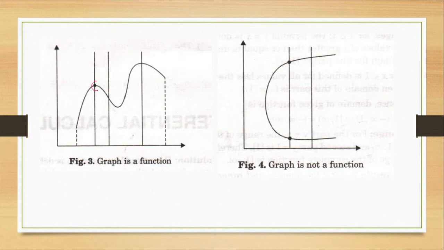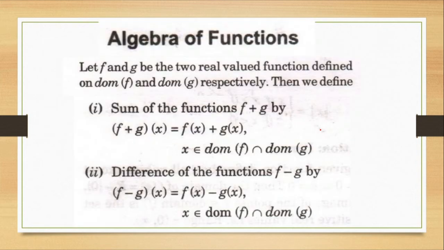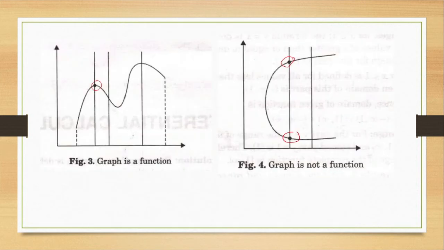Here you can see, this is the graph of a function, and this type of curve cuts in two places, so this is not a graph of a function. So easily, by the vertical line test you can find out.